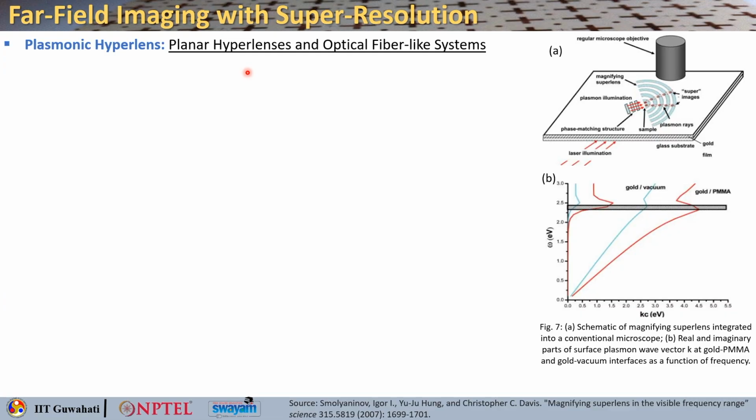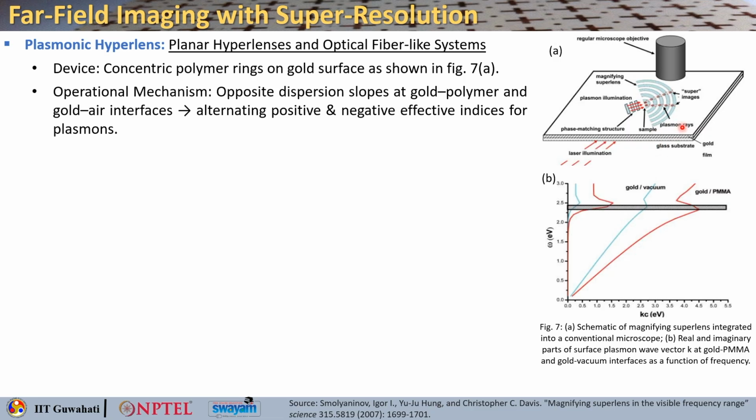So, next we look into the plasmonic hyperlens. These are planar hyperlenses and optical fiber-like systems, right. So, the device here, as you can see, is concentric polymer rings, okay, on a gold surface. So, this is the gold surface, and then you have polymer rings like this, okay. So, what is the operational mechanism here?